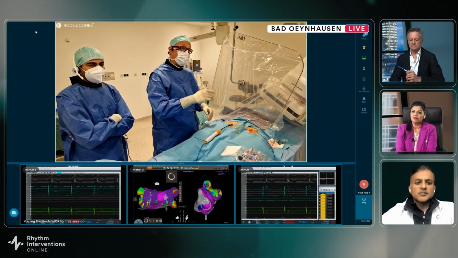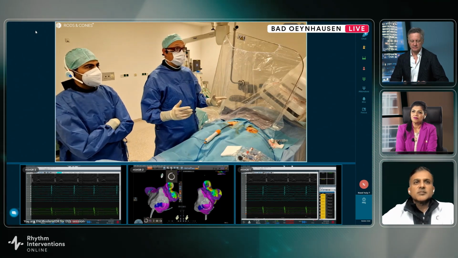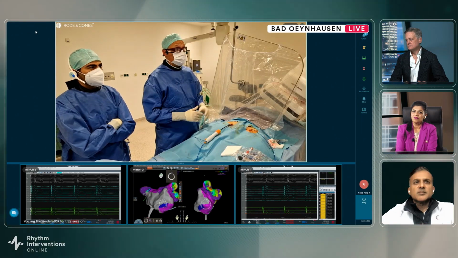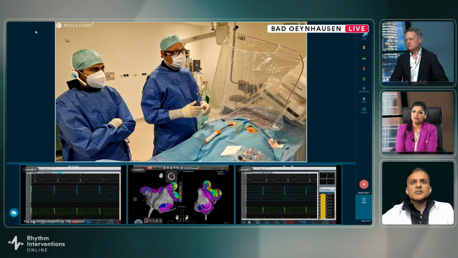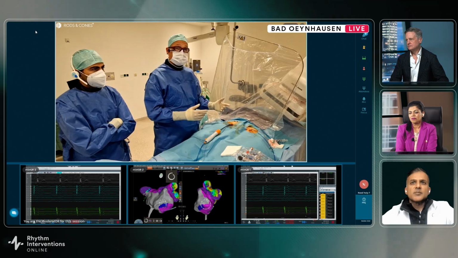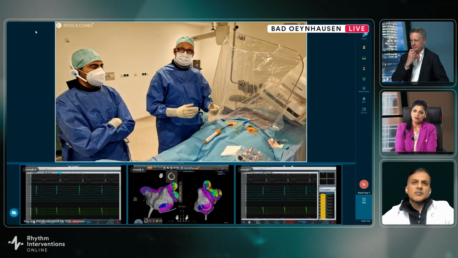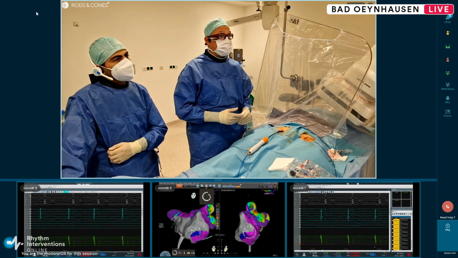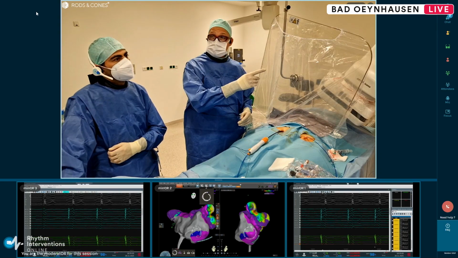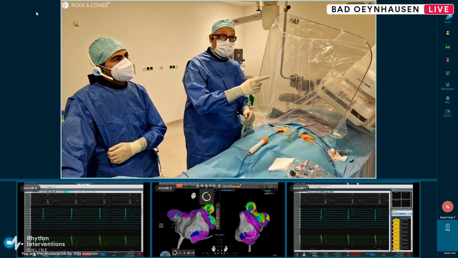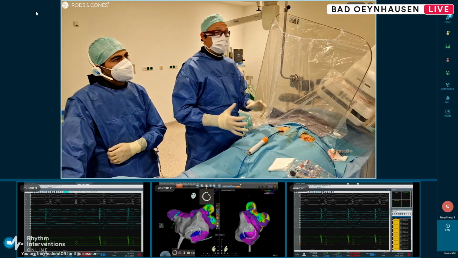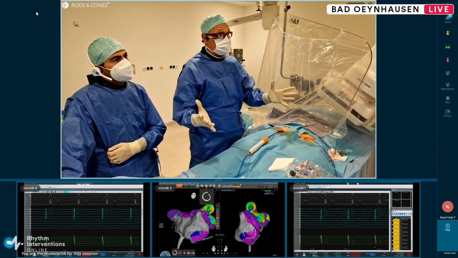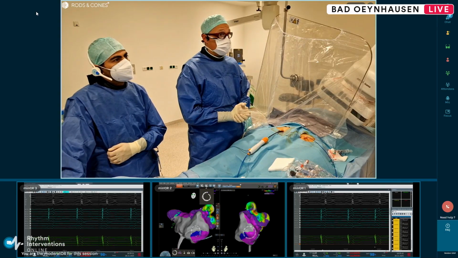But if we now find a reconnected vein after these first four applications, we always give another 4 applications, not giving just one and seeing that maybe due to stunning or whatever reason, we see no signal, because we don't know how this atrium will look like tomorrow. And therefore, we give another 4 applications because we have, let's say, evidence here from animal models.